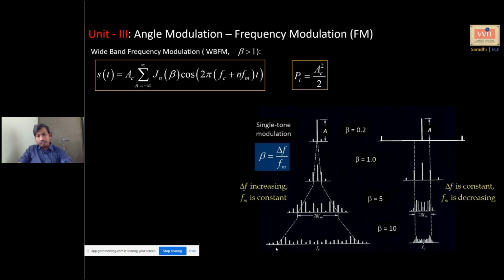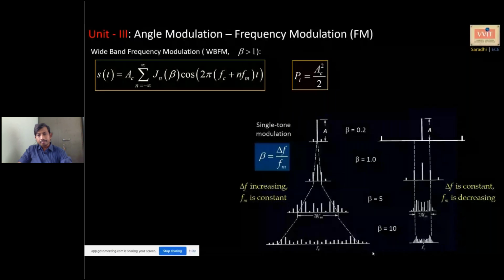So there are frequency components right from minus infinity to plus infinity along this frequency axis, and this is the carrier frequency. So the spectrum is centered at Fc. Theoretically speaking, this is the second scenario where delta F is constant and FM is decreasing in order to increase the beta value. In this scenario also, earlier only a few frequency components are there, here 1, here 3 or 5.